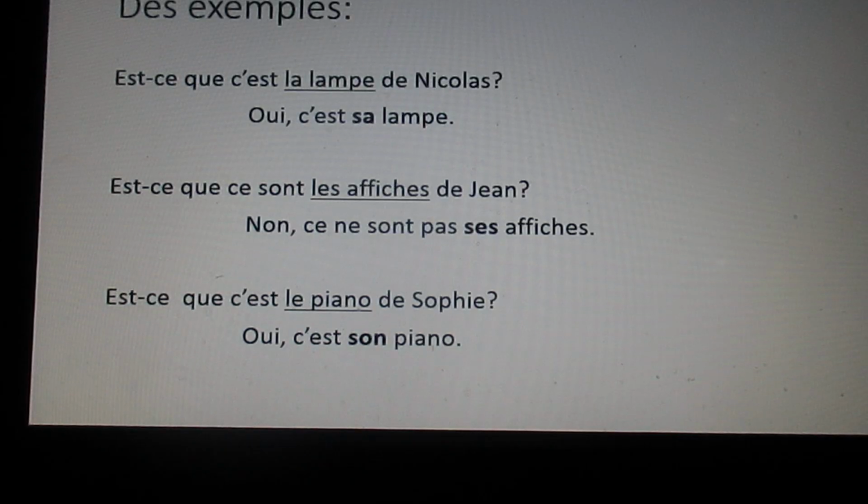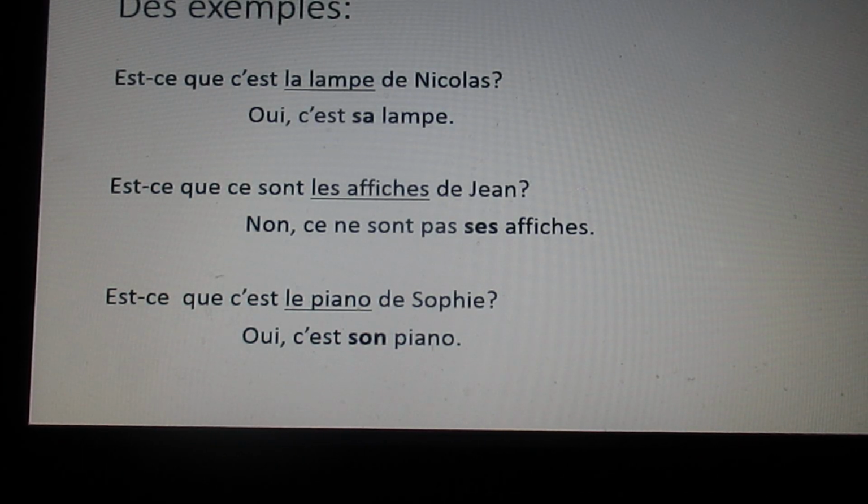Est-ce que ce sont les affiches de Jean? So we have les affiches. We have plural. So we can say non, ce ne sont pas ses affiches. So we're using ce sont because it is plural. Est-ce que c'est le piano de Sophie? Oui, c'est son piano. So we're using son because piano is masculine and it is singular.